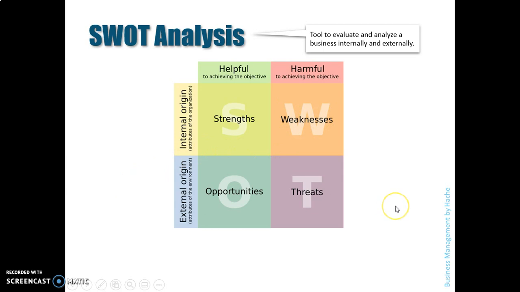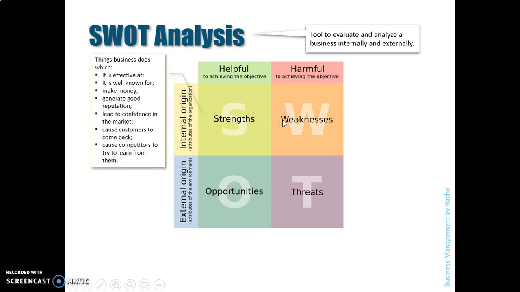The second row takes a look at what's going on outside of the business. So the opportunities that might be positive for the growth of the business, and also the threats that might be an external problem for the business. Okay, so internal, external, strengths, weaknesses, opportunities, and threats. Let's take a look at each of them.